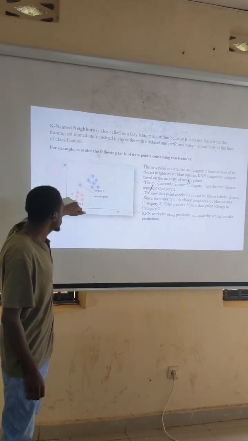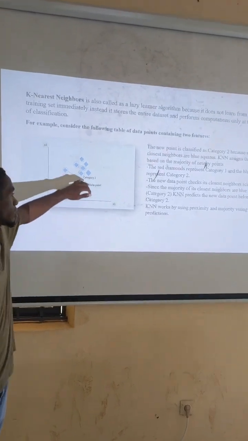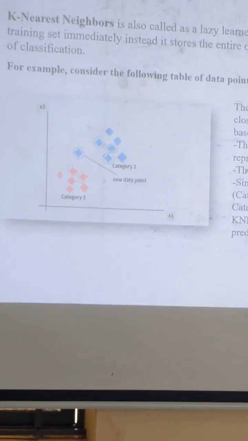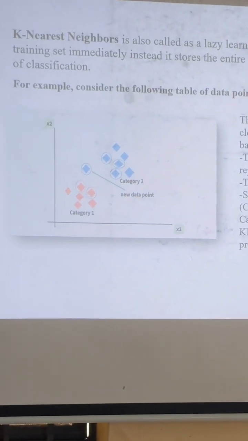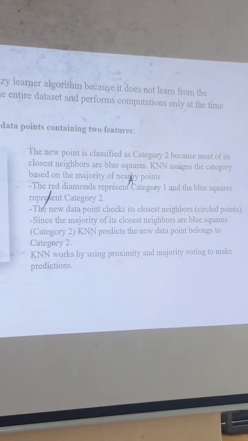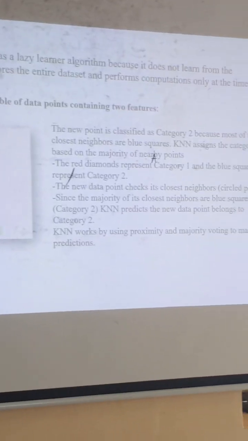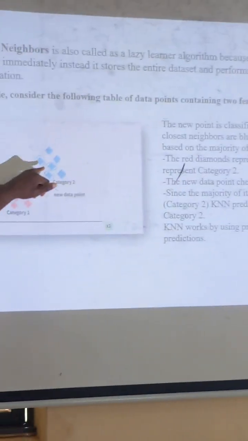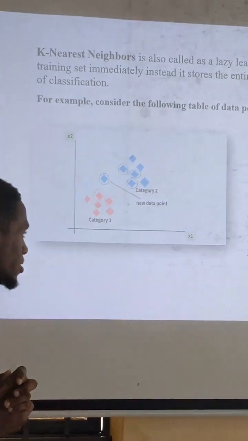The red diamonds represent category 1, and the blue squares represent category 2. The new data point checks its closest neighbors. Since the majority of its closest neighbors are blue squares, KNN predicts the new data point belongs to category 2.